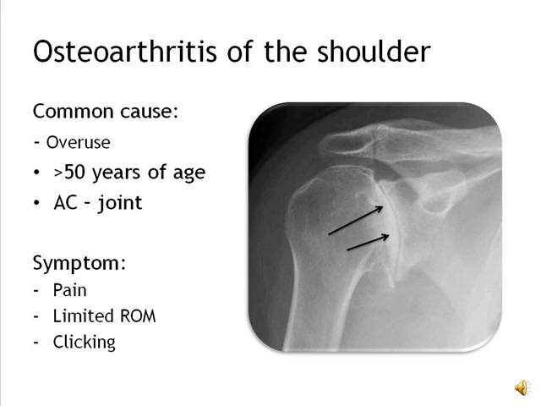Another symptom may be limited range of motion. This limitation can be seen during both active and passive movements. Moving the shoulder might also produce a clicking or creaking noise.